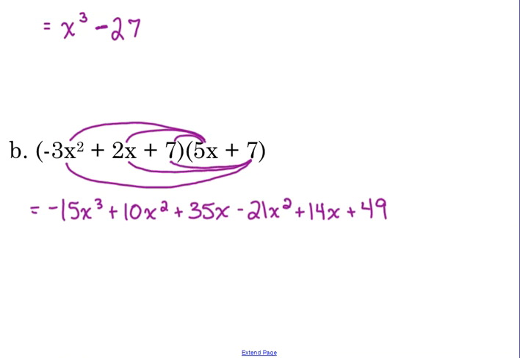Just so that you multiply each term by each term, you've got your bases covered. Doesn't matter if it's flipped around.